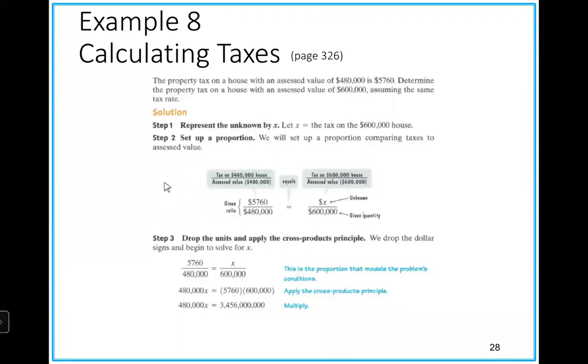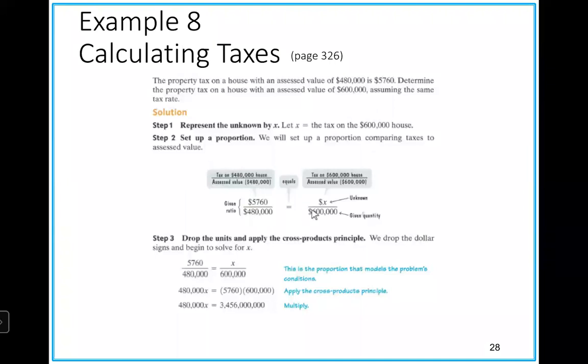So what they have done is set up a proportion. You know that $5,760 is the tax for a house with a value of $480,000.